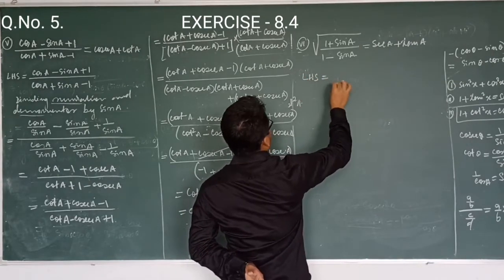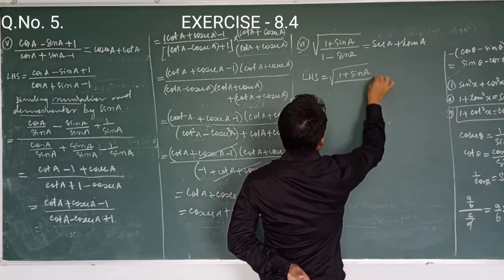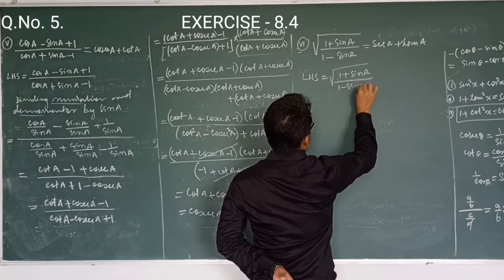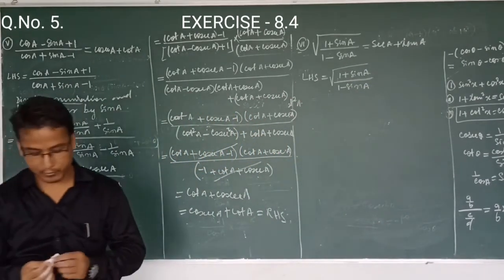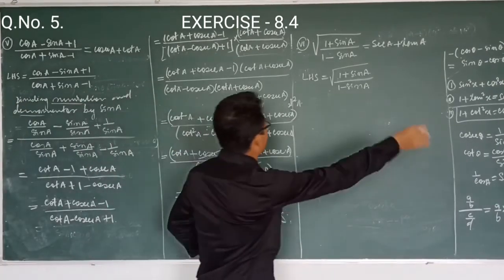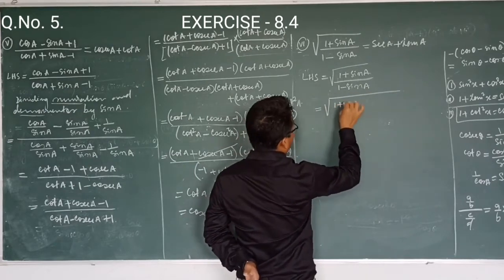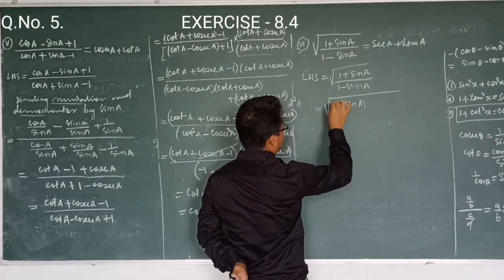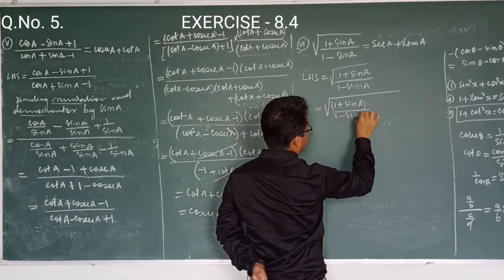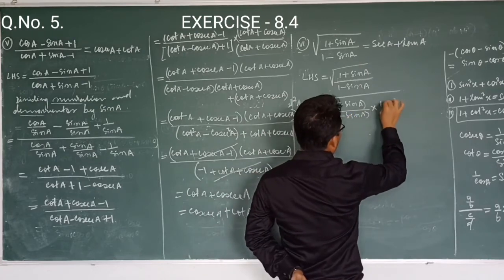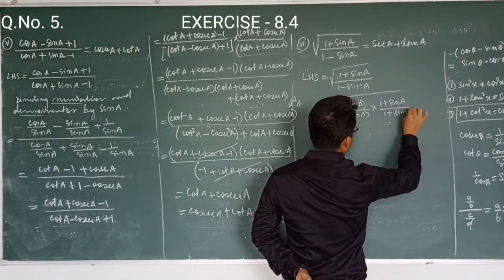Left hand side is equal to root over 1 plus sin A, okay, divided by 1 minus sin A. So take the left hand side and we are going to prove the right hand side, which is equal to, let's see, we rationalize here under this root, 1 minus sin A, so into 1 plus sin A, then 1 plus sin A, rationalize.